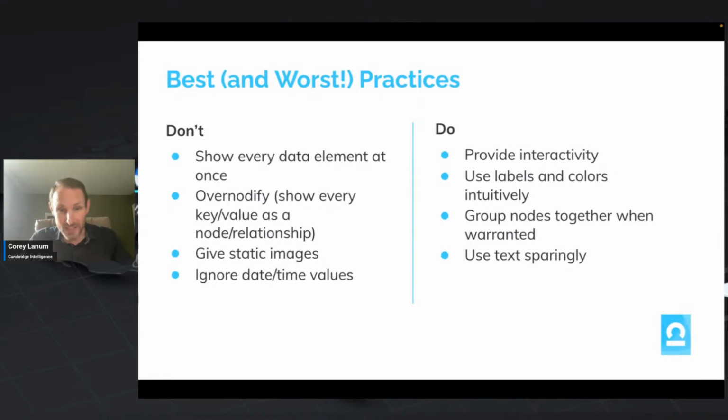I have a first name and a last name. And the temptation for people who are just getting excited by this graph model is to have a has first name relationship, and then have another node that says Corey, and a has last name relationship to another node that says Lanham. Well, there's no situation in which that level of granularity actually makes sense.